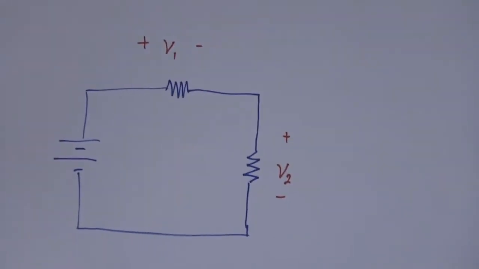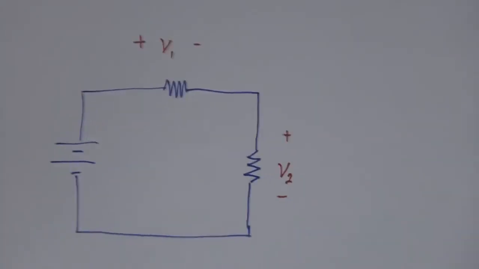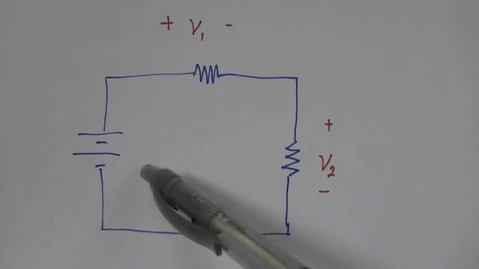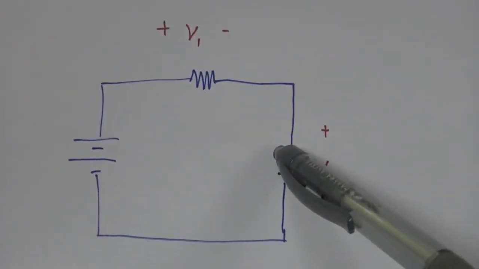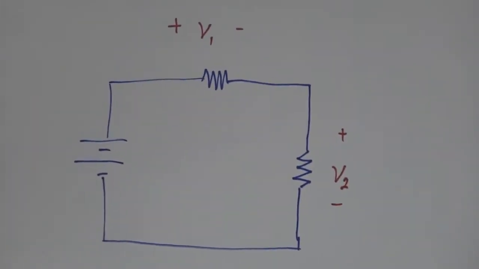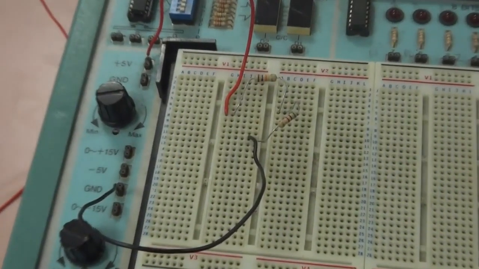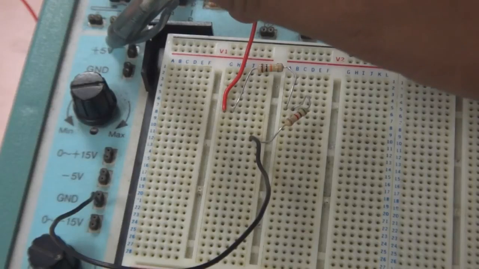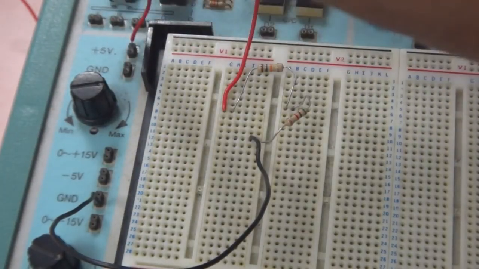Now, for example, if you were to try and construct this circuit where you have a source here and 2 resistors in series, so what you can do using the IDL is connect your source. So this will be the positive terminal of your source. Let's say that we are using a 5 volt here as your voltage source.